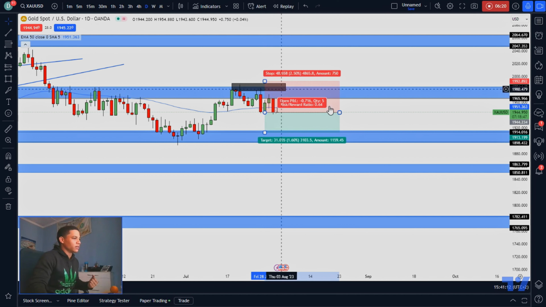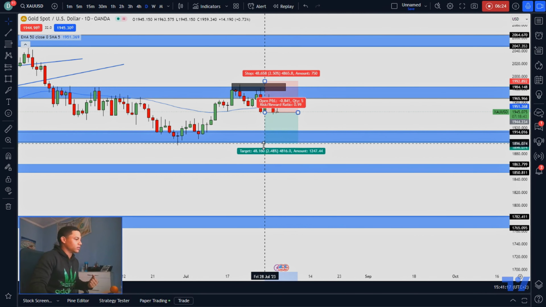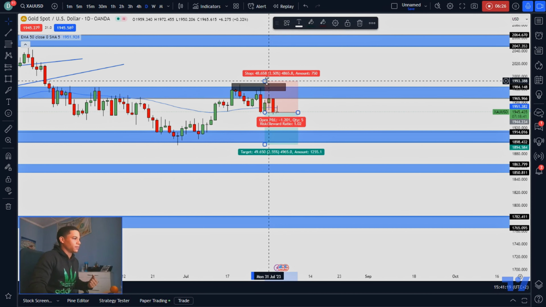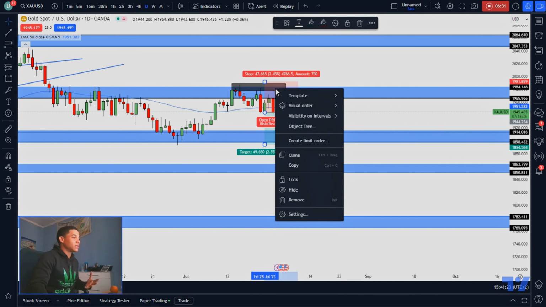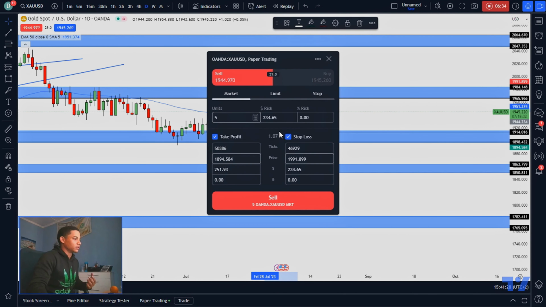I'm actually going to place an order right here. This is me placing a live trade right now. Actually, let's create a limit order.